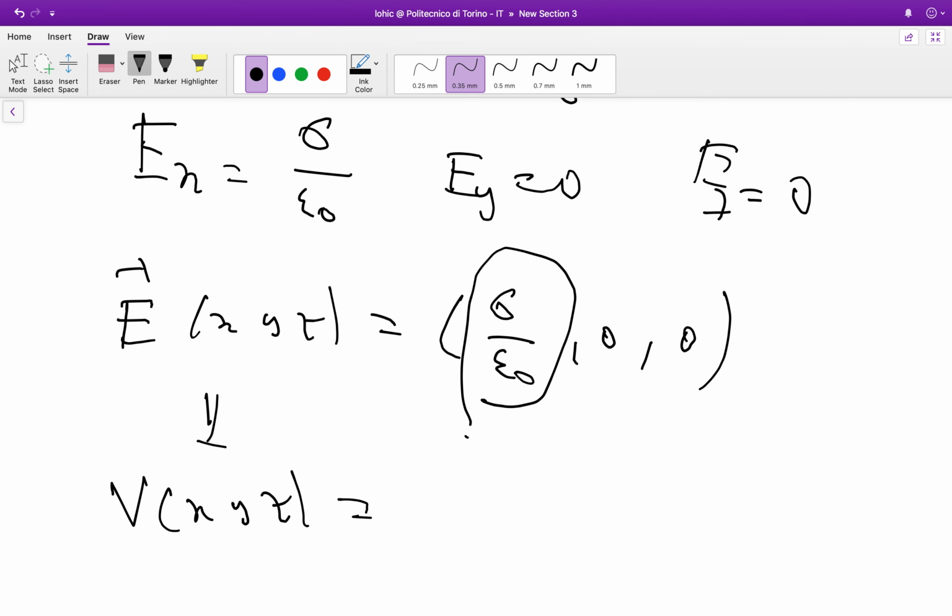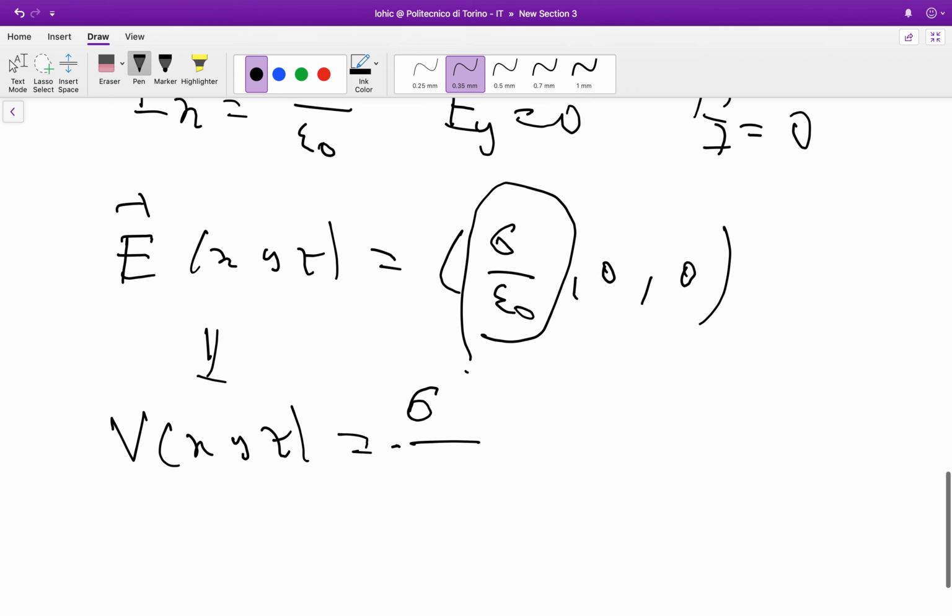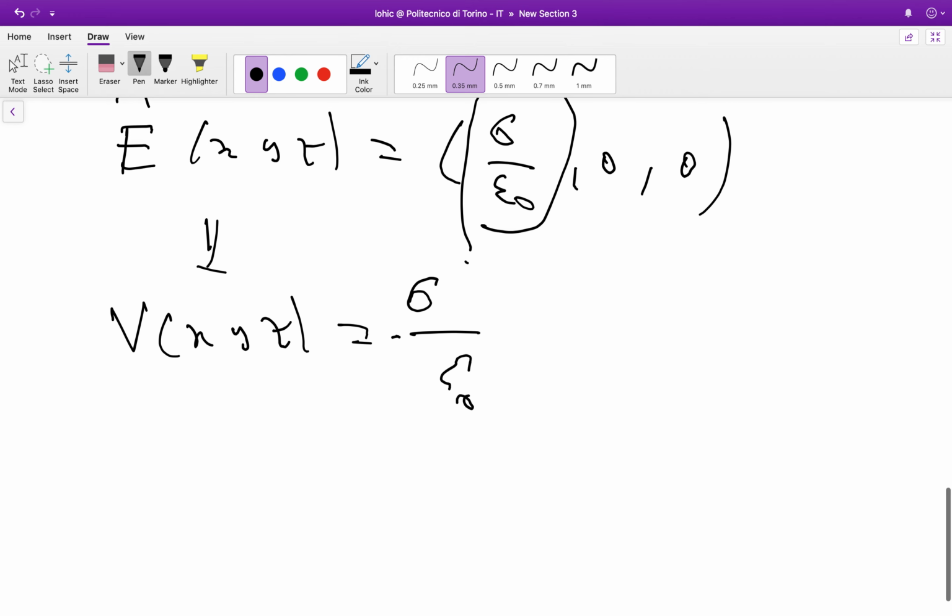So the potential at any point x, y, z will just be minus sigma divided by epsilon 0 times x. Excuse me, let me write it in a better way. The potential will just be minus sigma divided by epsilon 0 times x.